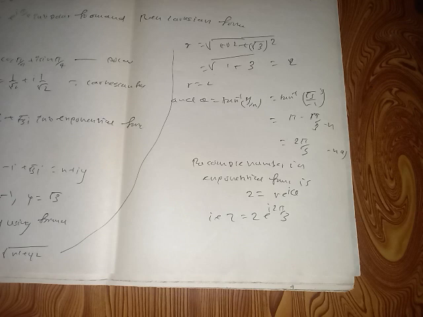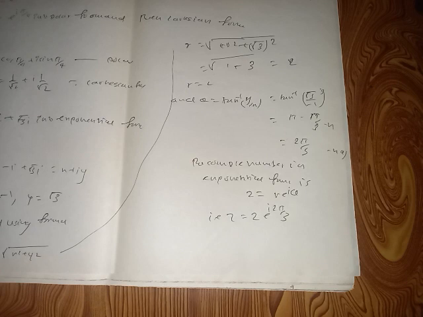Then theta is equal to tan inverse of y upon x, where y is root 3 and x is minus 1, so the calculation gives pi minus pi by 3, that is 2 pi by 3.